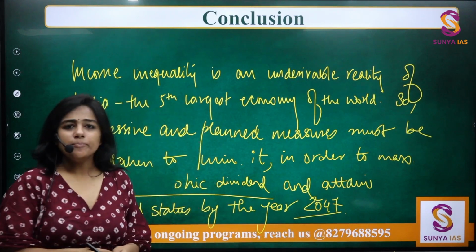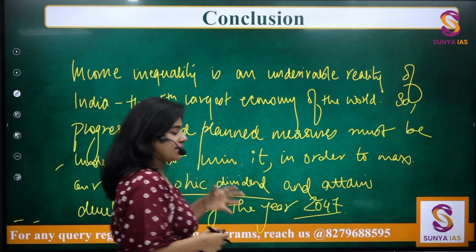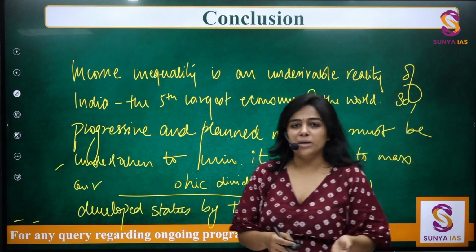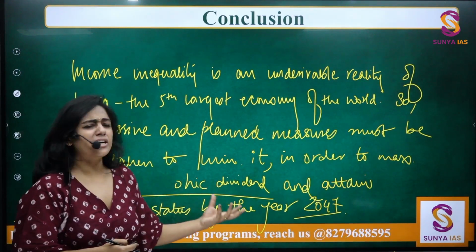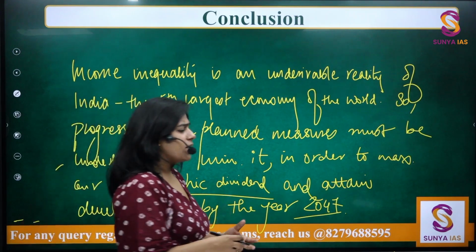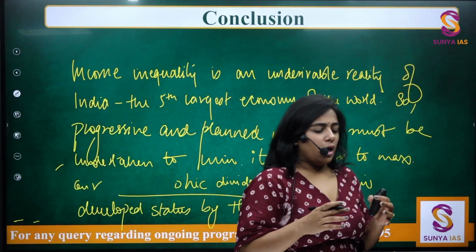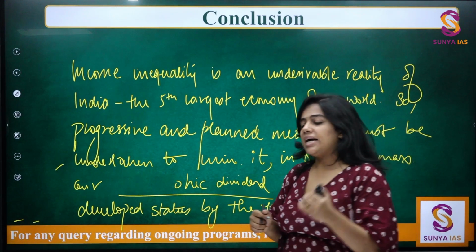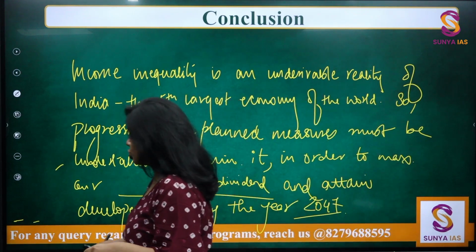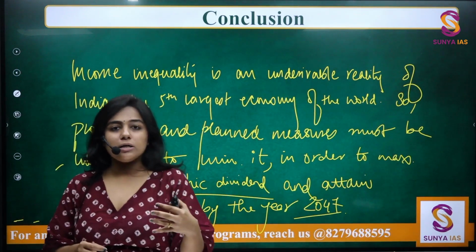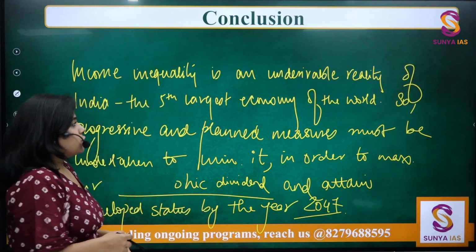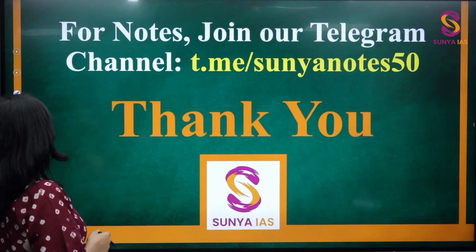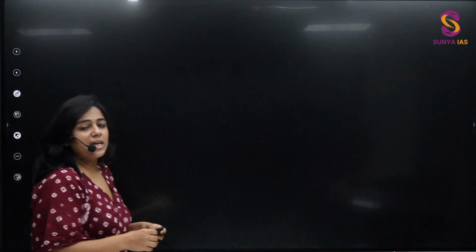That is our aim. When we attain 100 years of our independence, we should be a developed country. That is our aim, right? So, income inequality has to reduce for us to be called a developed nation, right? So let me just remind you that this topic is going to be important.